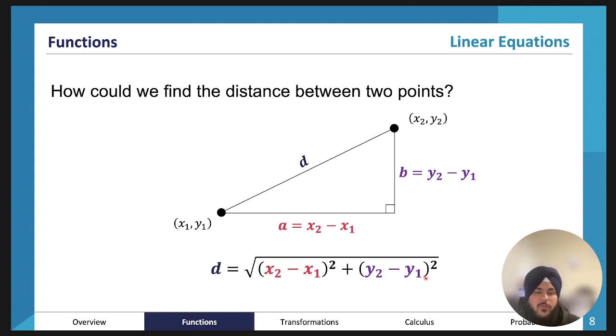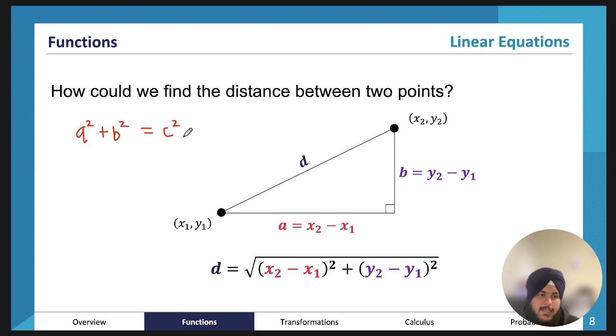The way that it works is it uses the principles of the Pythagorean theorem. Remember, Pythagoras is a squared plus b squared is equal to c squared. It's using that principle to come up with this formula, where a, in this case, is the difference in the x values, and b is the difference in the y values.